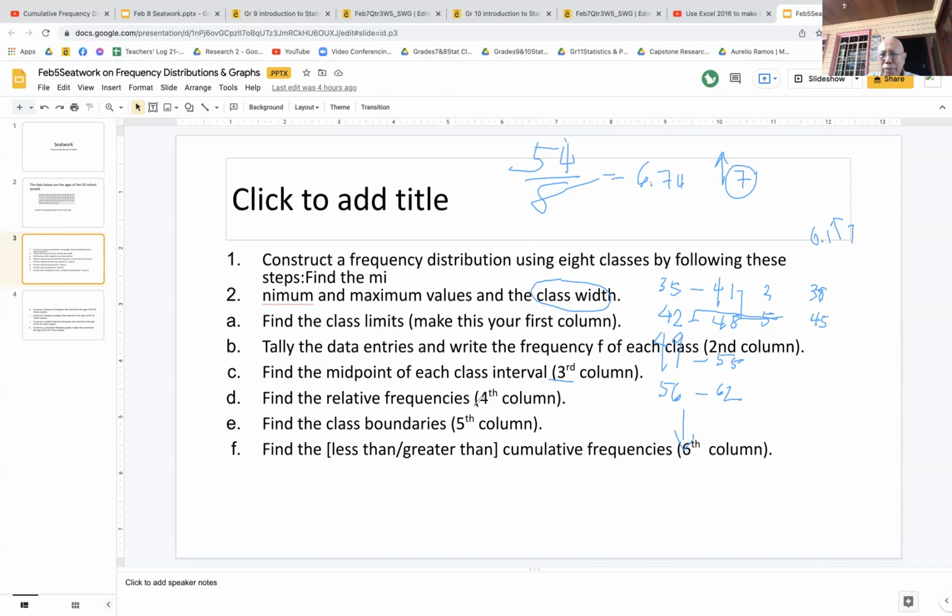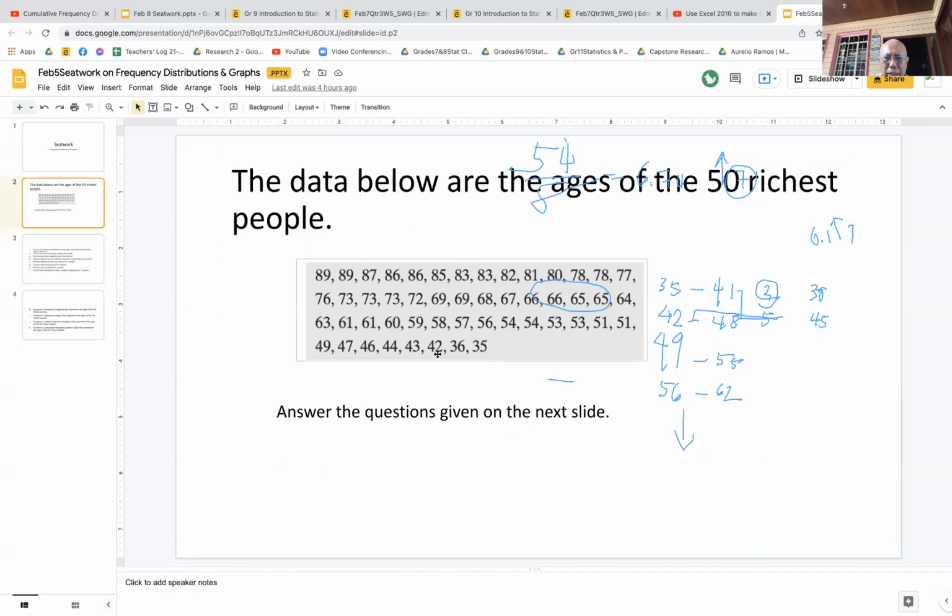And then the relative frequencies. How do you get the relative frequencies? That would not be difficult. You just divide each frequency by the total. The total number here is actually 50.